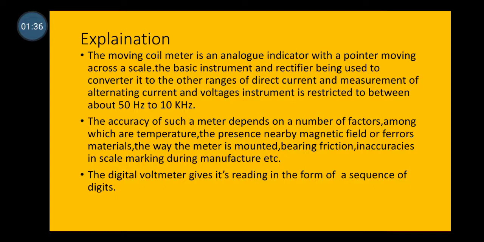The basic instrument and rectifier are used to convert it to the other ranges of direct current and the measurement of alternating current and voltages. The instrument is restricted to between about 50 Hz to 10 kHz.